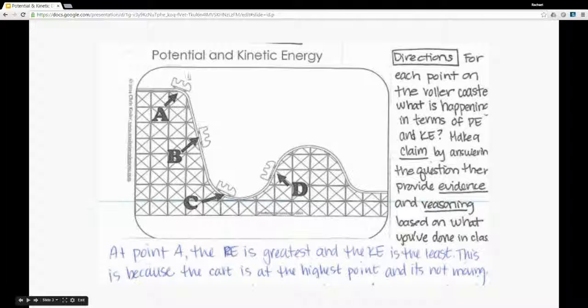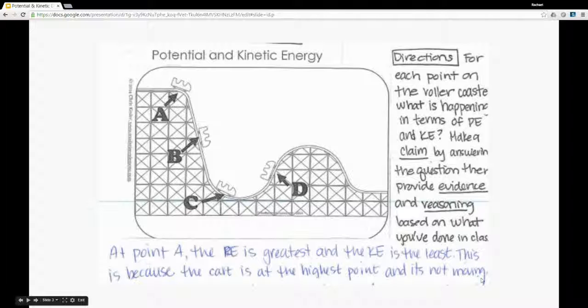So the very first part, you're looking here at cart A. Cart A is at the very top of the hill. So using the sentence frame that I gave you, at point A, the potential energy, or PE, is greatest, and the KE, or kinetic energy, is the least. This is because the cart is at the highest point and it's not moving.